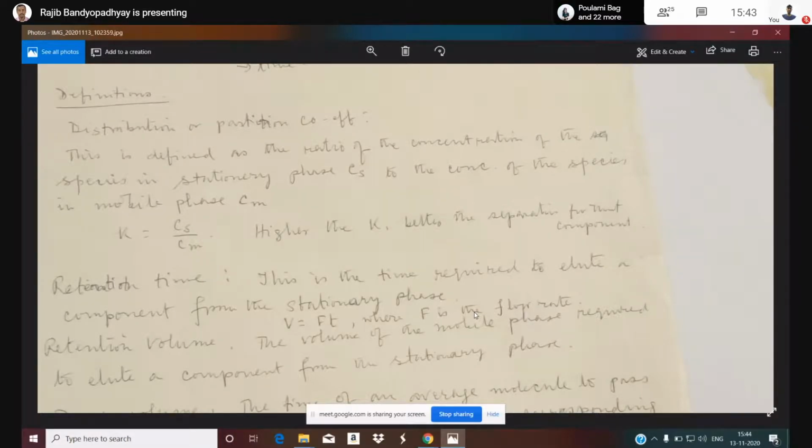This type of chromatography is known as elution chromatography, and the term used is elute. So it is the time required to elute a component from the stationary phase, and this retention time is the only parameter from which we can identify which type of compound it is.